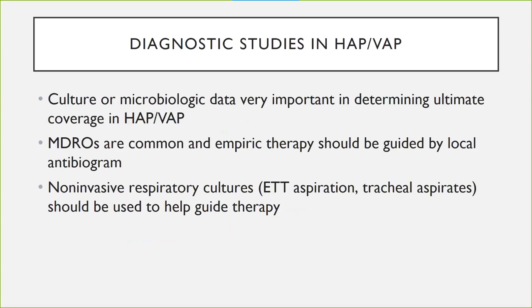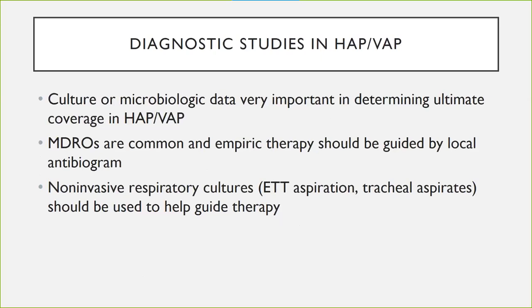For hospital-acquired pneumonia and ventilator-associated pneumonia, culture microbiologic data become even more important than in community-acquired pneumonia. MDROs are very common, and empiric therapy needs to be guided by the local antibiogram and then modified based on the results of your testing.